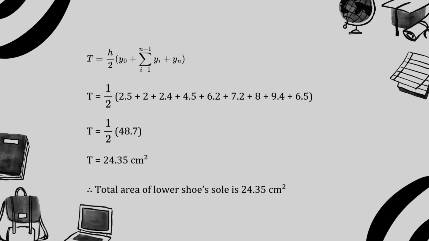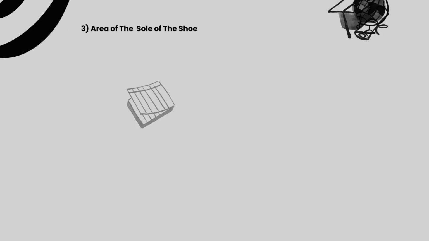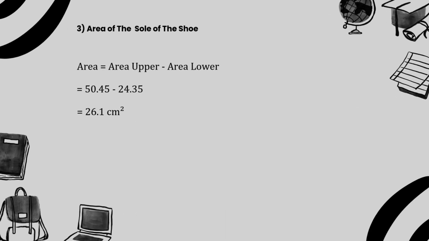Same as the upper area, we calculate the lower area using the trapezoidal rule, where we get T equals 1 over 2 times (2.5 plus 2 plus 2.4 plus 4.5 plus 6.2 plus 7.2 plus 8 plus 9.4 plus 6.5), which gives T equals 24.35 centimeters squared.